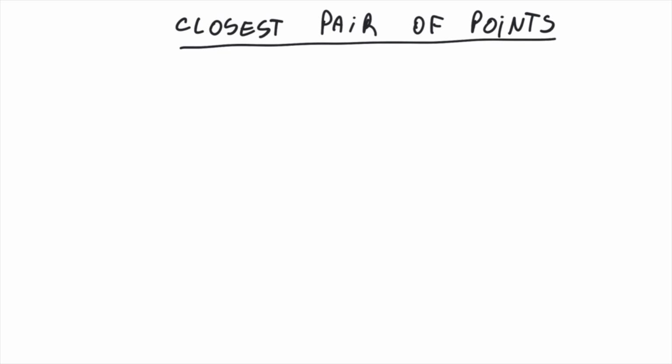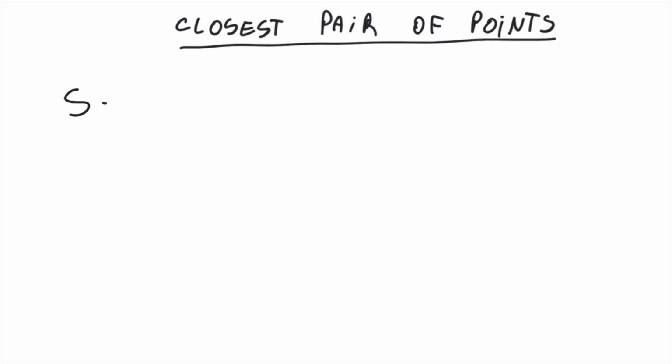Now, we should move on to the part where we actually design algorithms. So for now, we have been just dealing with the basic structures that we use when we build algorithms. Now, a classical problem to consider in computational geometry is the closest pair of points. The formulation of this problem is the following.